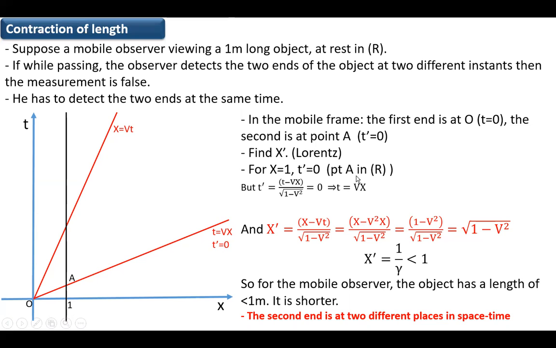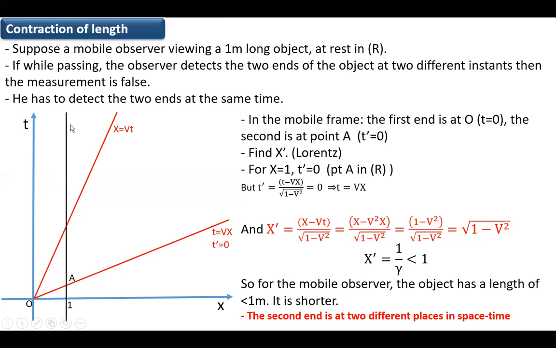We know that in the frame R, x and t, point A is at x equals 1. This corresponds to the trajectory of the object in x and t, because the object is at rest, so it always has a length of 1 meter, and as a function of time, it is always at the same position. So its trajectory is a line that is parallel to t, because it is at rest.